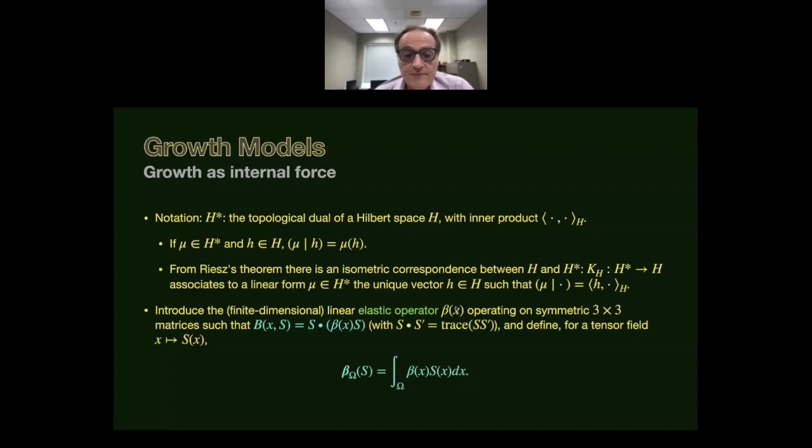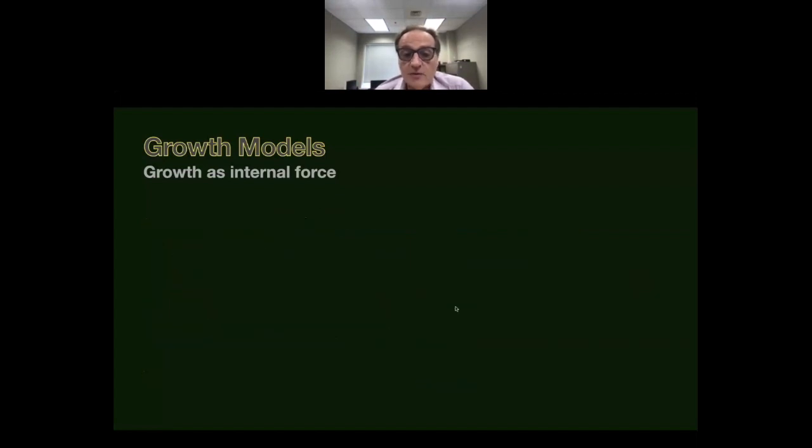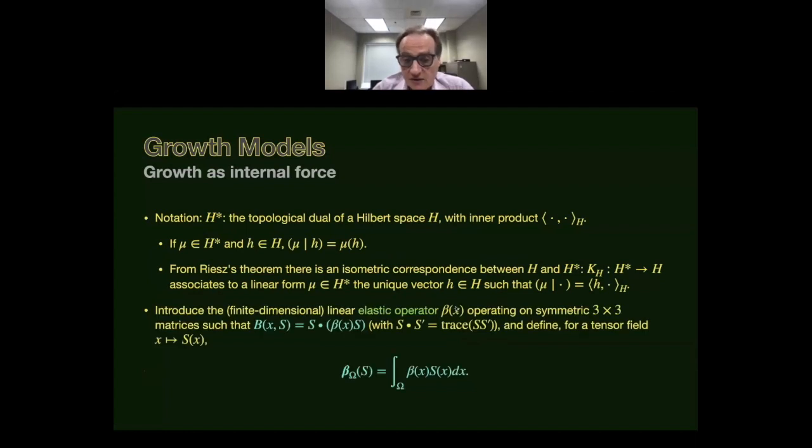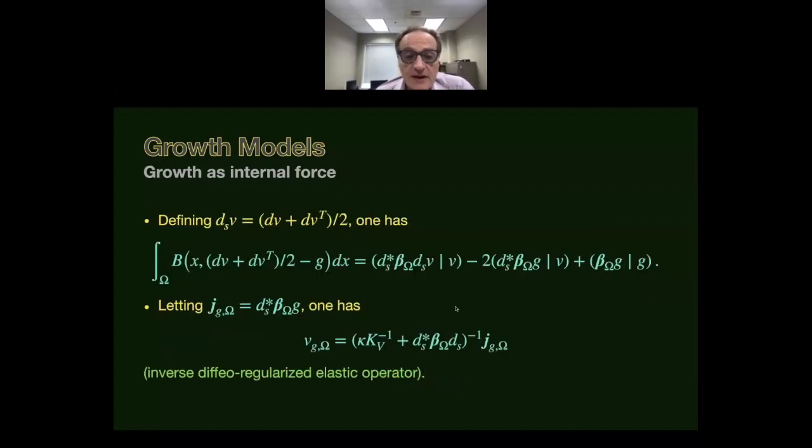If we define here, we will use the notation in which beta is integrated over a domain. And with all this notation, you can end up identifying the action functional, or the energy, associated with our growth model. It's just a little algebra.